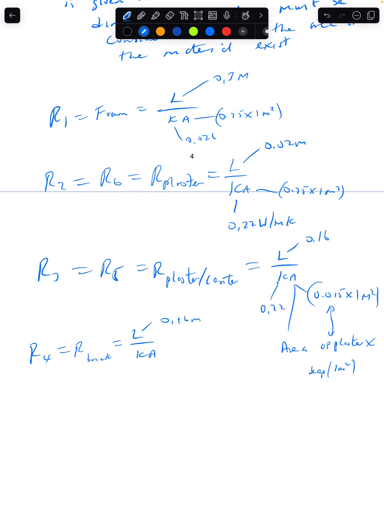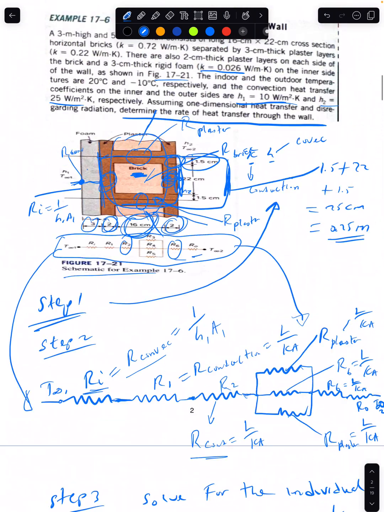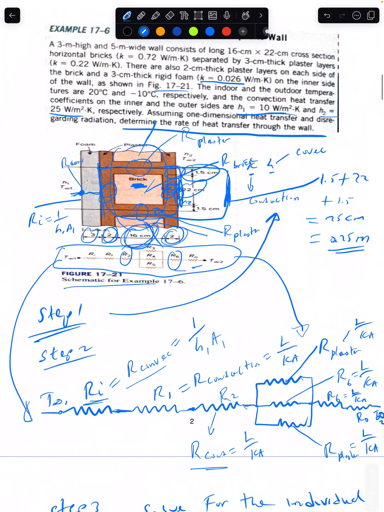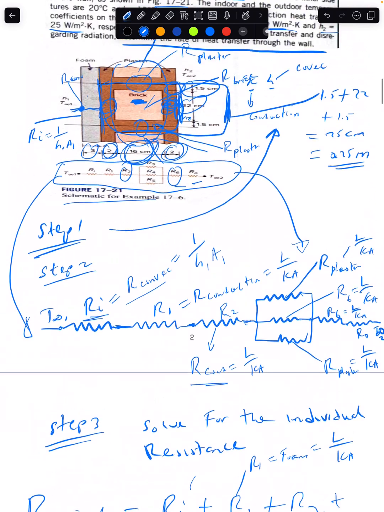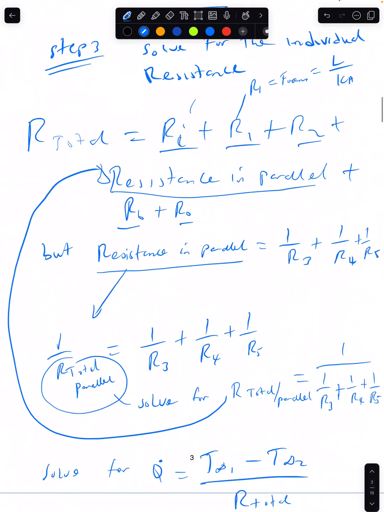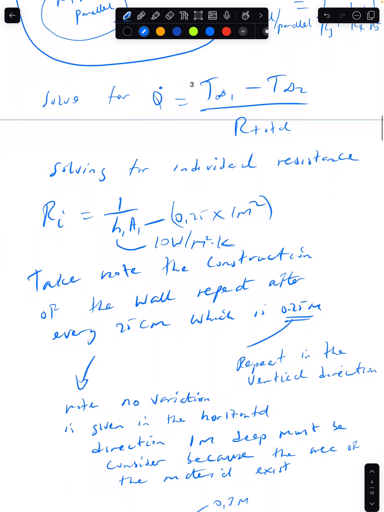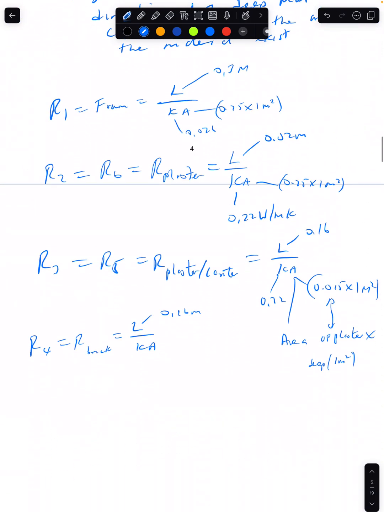If you look at the area for that brick, the brick has an area of what? 22. So the brick has an area of 22. That is the brick area, 22, and that's the length, 16. So it has an area of 22 with a given depth of 1 meter square. So that will become what? 0.22 times 1 meter square.